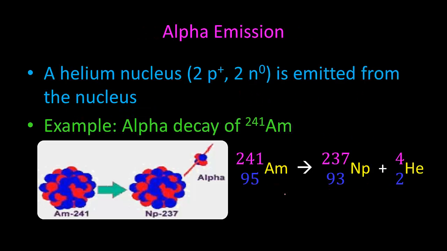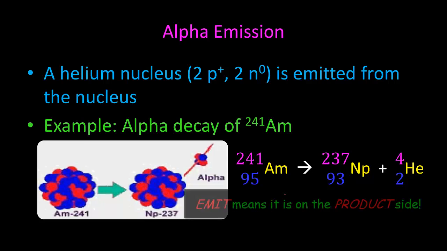Okay, now we're going to talk about a few emissions. Alpha emission is the emission of a helium nucleus, which contains 2 protons and 2 neutrons. An example of alpha decay is americium-241, turns into neptunium-237, and it gives off an alpha particle.